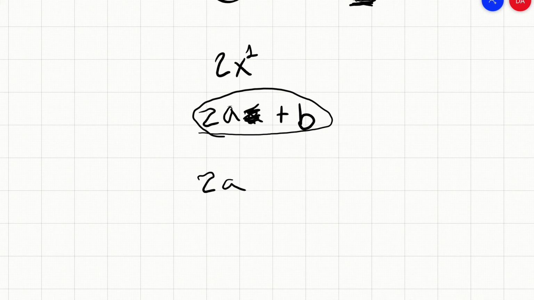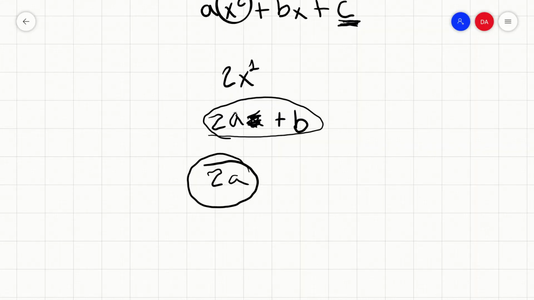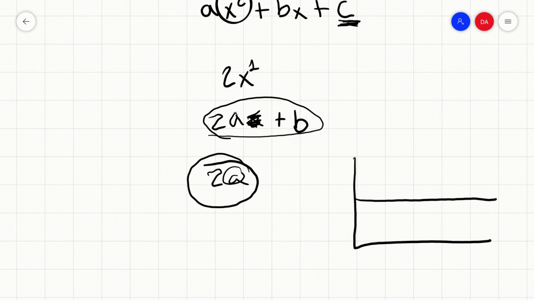And plus 0 again, because b is a constant, and the derivative of a constant is just 0. So we're left with 2a. So this tells us that the acceleration is constant, because a is a constant, and 2 times a constant is still a constant. So the plot of acceleration would just look like this, a straight line.